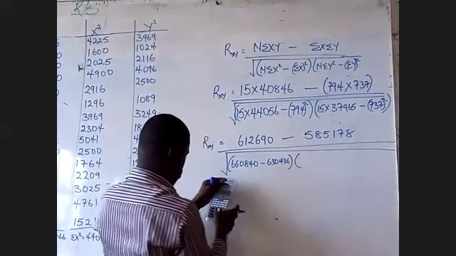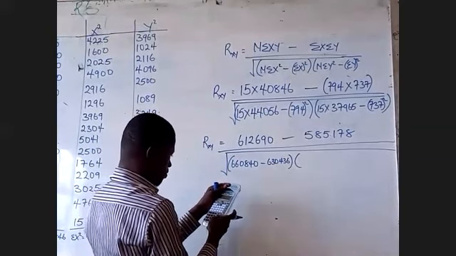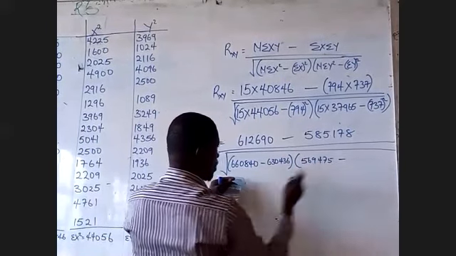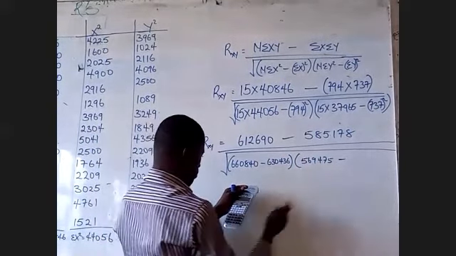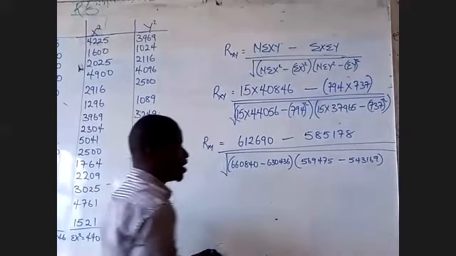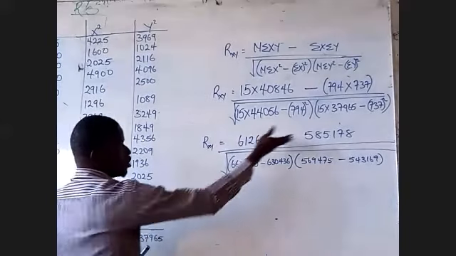Then multiply by this also. 569,475 minus 543,169. I hope we are getting it. Are we still following, please? So now I'm going to subtract this.